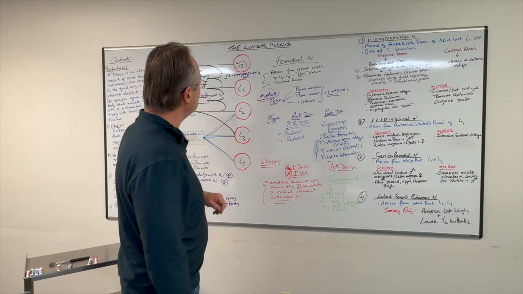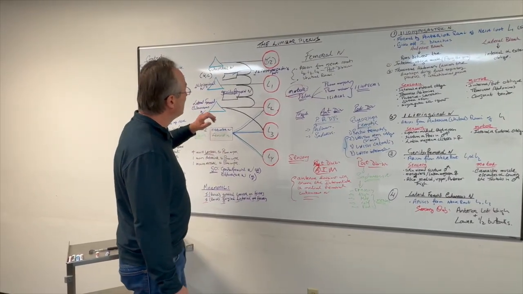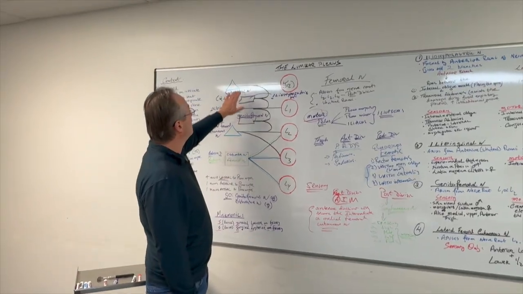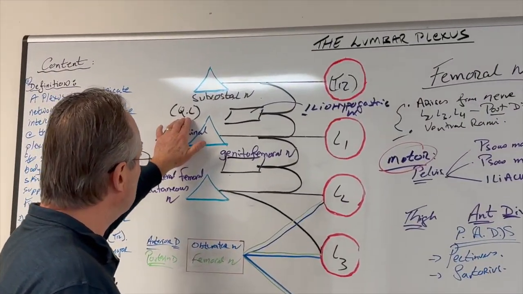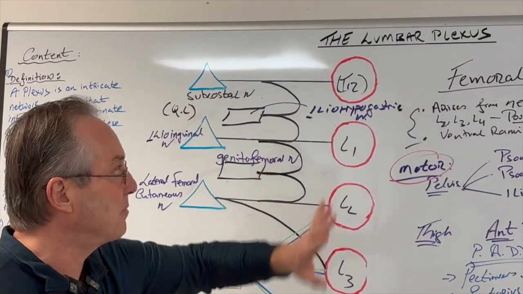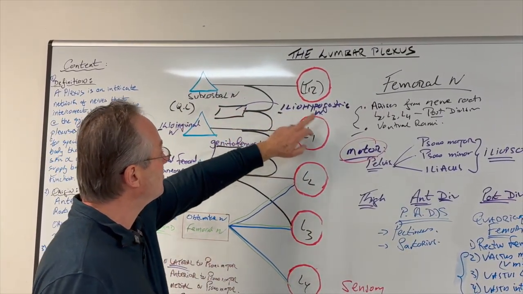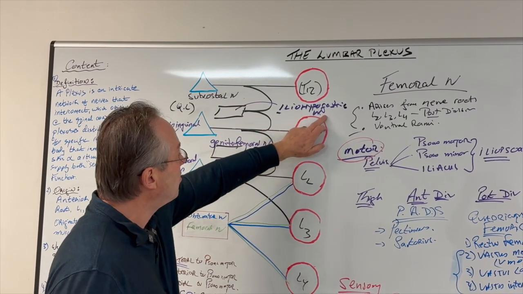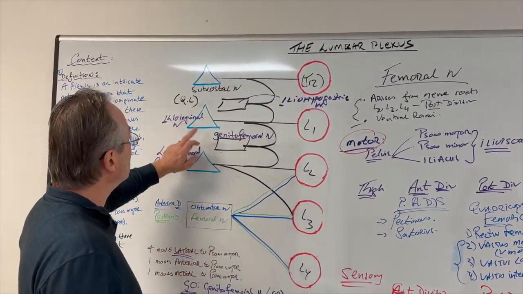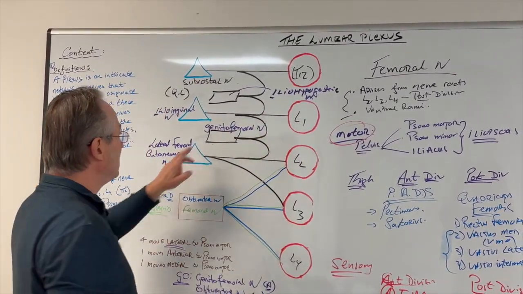So, we've talked about the subcostal nerve, which is innervating the quadratus lumborum, which is technically not part of the lumbar plexus, but it gives a contributing branch to the iliohypogastric, which was L1-T12. Ilioinguinal, L1.